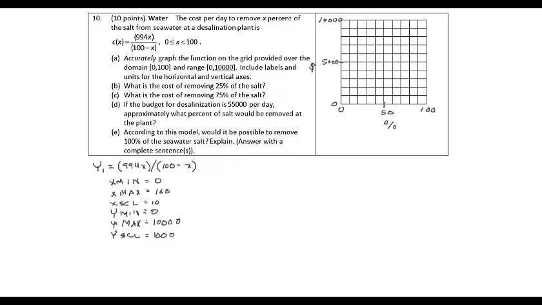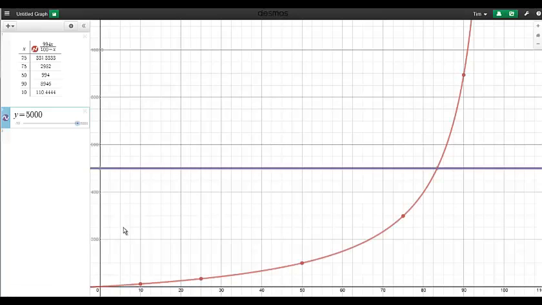I don't have a graphing calculator on my computer, but I've used a Desmos calculator and set it up so that I have these kinds of scales. You notice it goes up by 2,000s here, but here are some points showing. Later on, we're going to have to answer what the result is when x is 25.